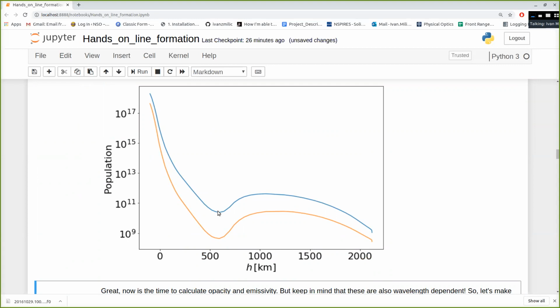And that's why, as I showed in my talk before the class last Tuesday, these regions of the temperature minimum are basically transparent for the H-alpha radiation.